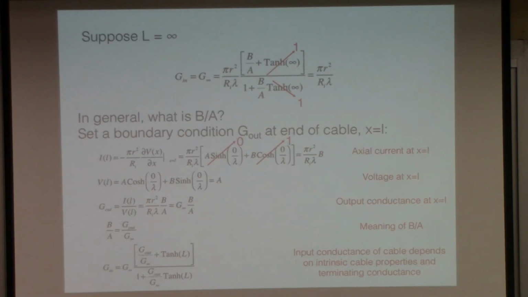Now let's go and work on the voltage at that right end of the cable. That voltage is equal to this, and since this is 0 and this is 1, the voltage at that end of the cable is just A. So now I know that if I look at the current flowing out of the cable at location L and divide it by the voltage at that location, by definition from Ohm's law, that's what we're going to call the output conductance at the right end of that cable.